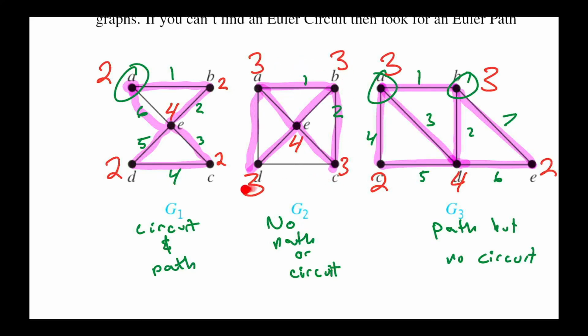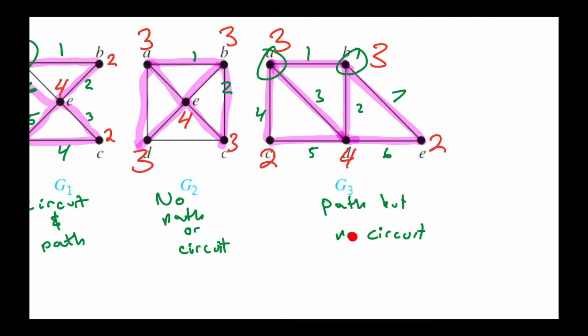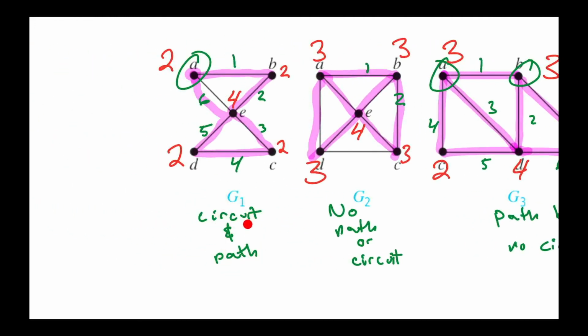And when there was a path but no circuit, we had some even numbers, 2, 4, 2, and some odd numbers, 3 and 3. So these degrees are actually telling you the story. Because in order for there to be a circuit, when you come into a vertex, there needs to be a way to leave.